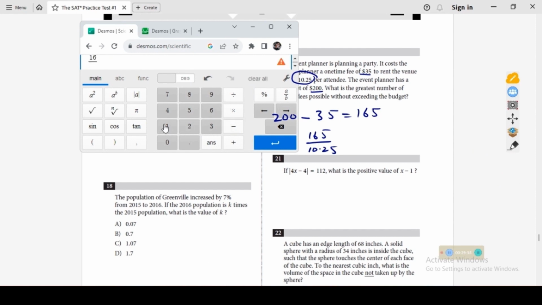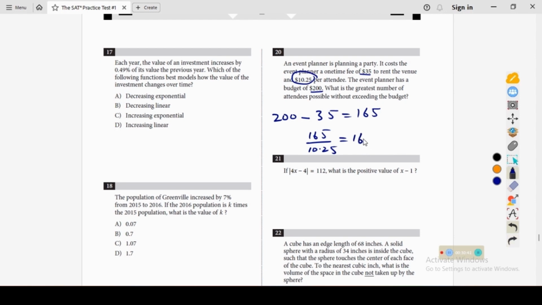It gives the value 16.09. So 16 is the maximum, or the greatest number of attendees possible without exceeding the budget.